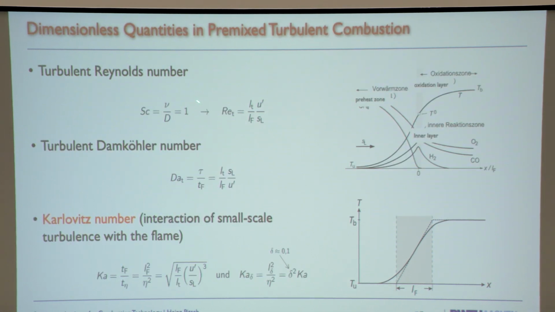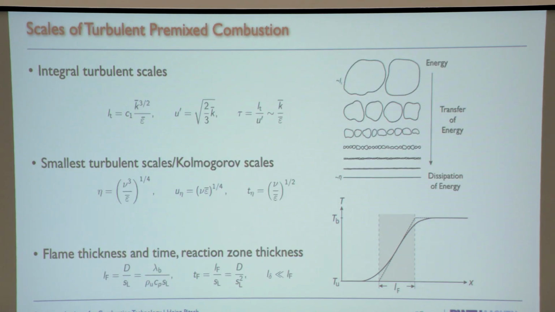Okay, and then we can look at the non-dimensional numbers. The Schmidt number, nu over D, we want to say is equal to 1. And then we can write the Reynolds number. The turbulence Reynolds number is LT times U prime divided by nu, or divided by D. But D is equal to LF times SL, according to this.